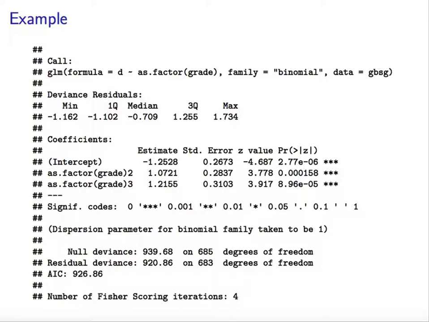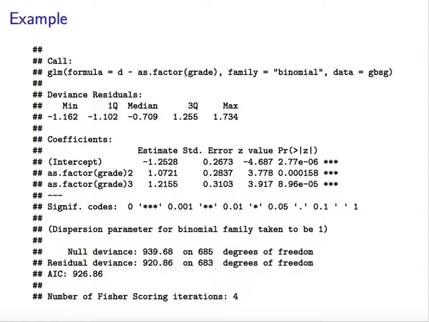Here we have the R code that was used to generate this model, right up here. This is our call to GLM. And we see that D, which is the variable for disease in this case, which is our indicator of relapse, is modeled as a function of tumor grade.